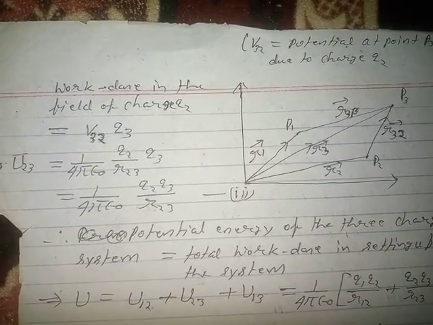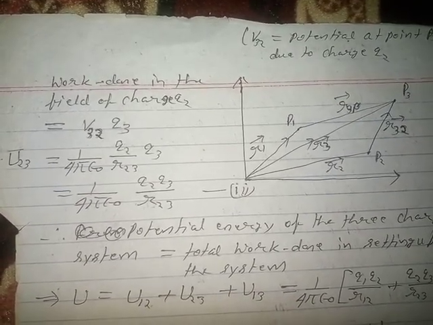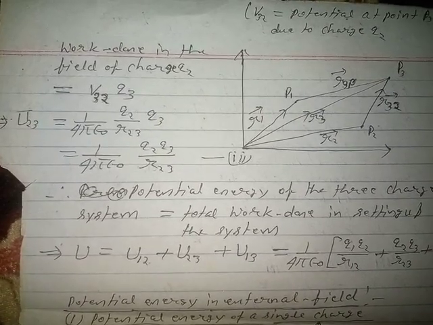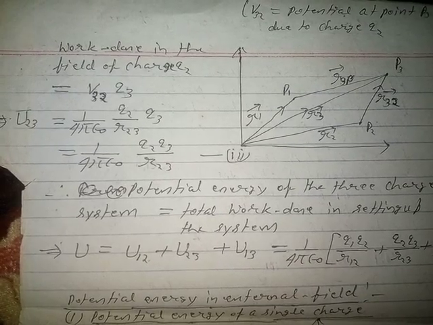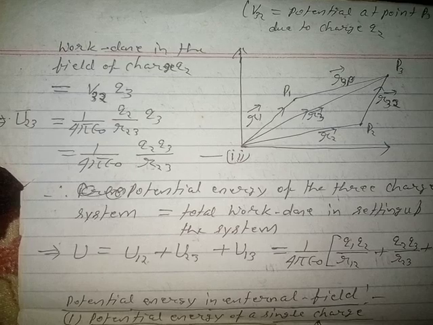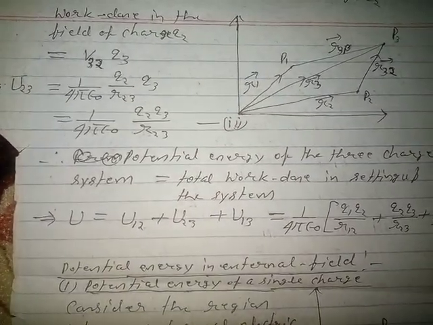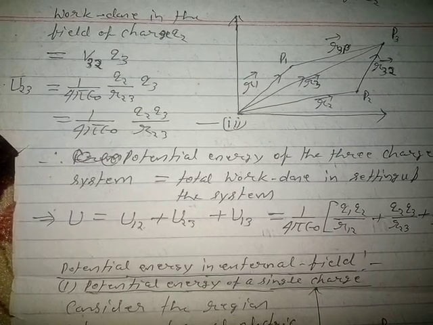Now the work done in the field of charge Q2 equals V32 into Q3. This implies U23 equals 1 by 4 pi epsilon naught Q2 Q3 by R23, where R23 is the distance between point 2 and 3.